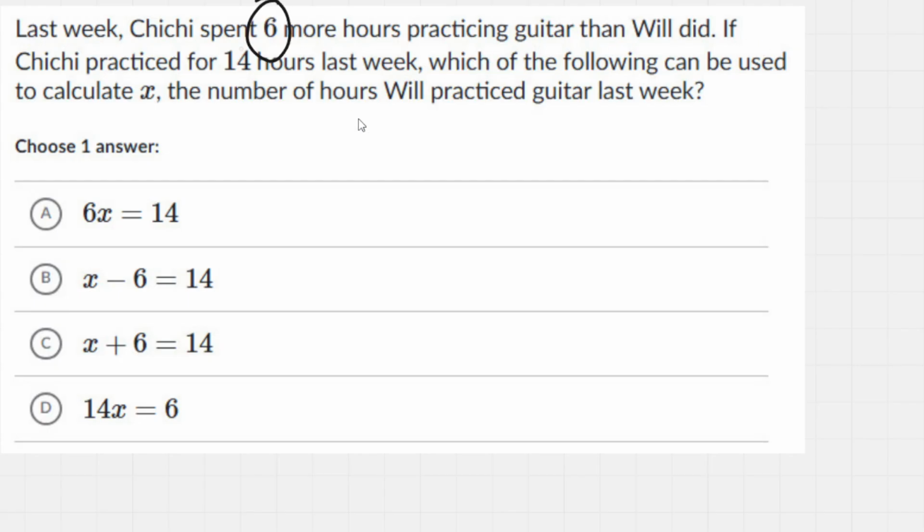The 6 obviously isn't in all the answer choices, but we want to say what it is. What does it refer to? All it's really saying is that Gigi spent 6 more hours than Will. You're really saying that Gigi did more than Will, right?